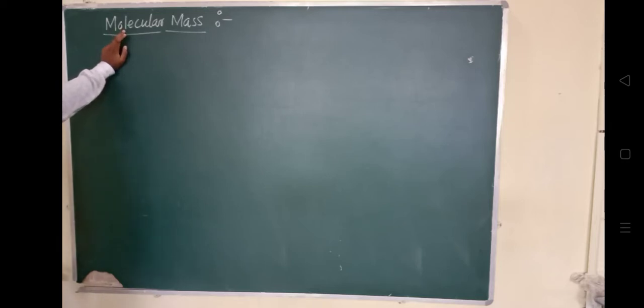A molecule consists of different atoms. When we add the average atomic mass of every atom that is in that molecule, we get the molecular mass.